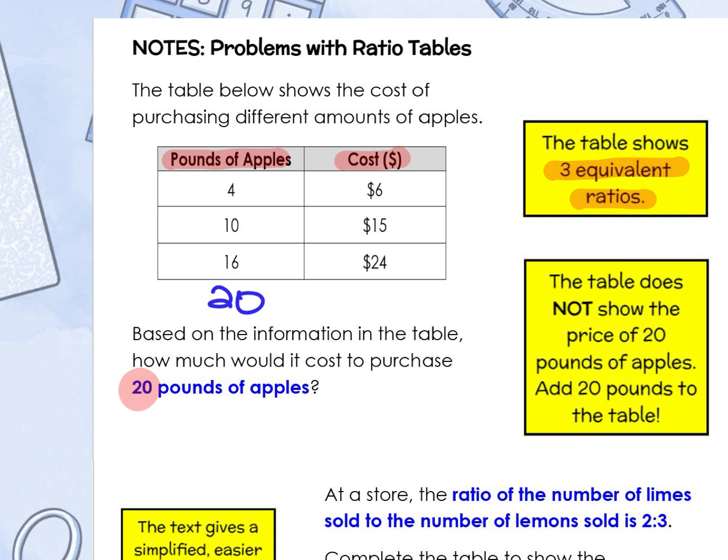I can look for a multiplier going across. So from 4 to 6, that multiplier isn't very clear. So I'm going to try going the other direction. So which of these numbers in this first column here can I use to make 20? Good, so we kind of have a choice, right? We could do 4 times 5, or we could do 10 times 2.